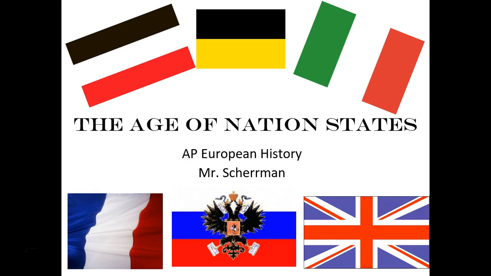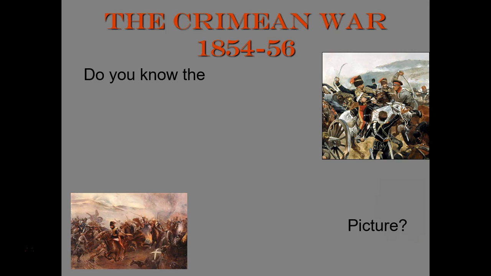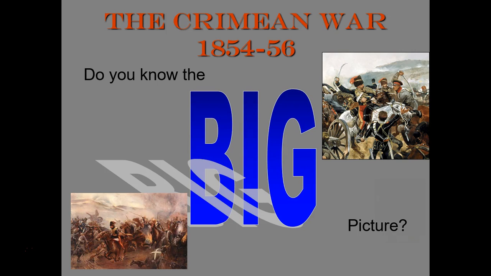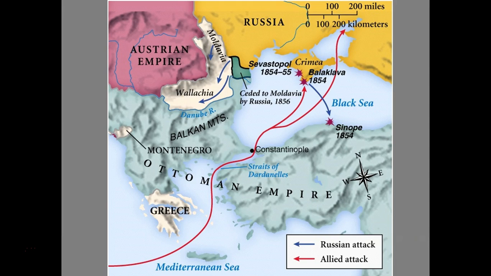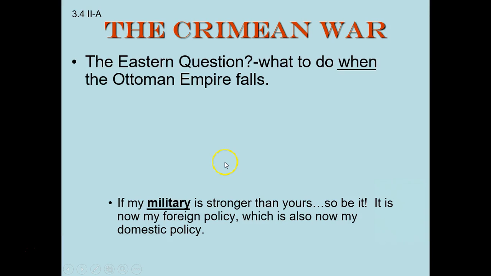Most of us started this presentation over the last couple days, and we got through, hopefully, the Crimean War. We talked a little bit about the bigger picture of that and why countries like Britain, France, Prussia, and Piedmont got themselves involved in a tussle between Russia and the Ottoman Empire.